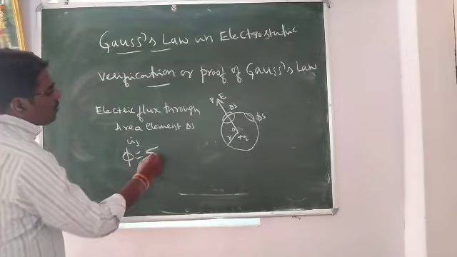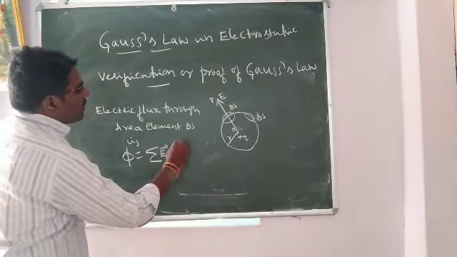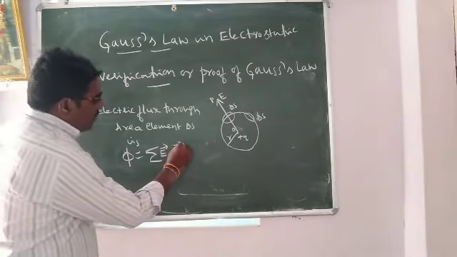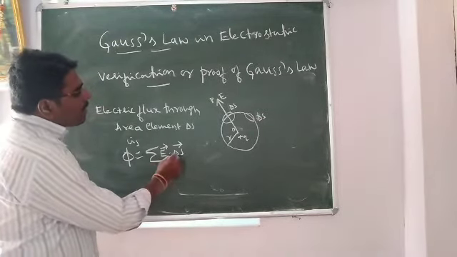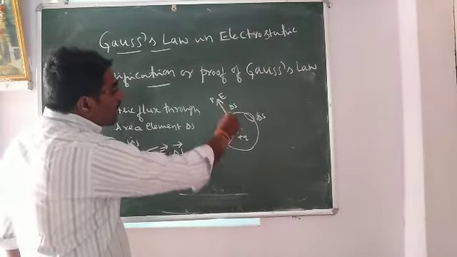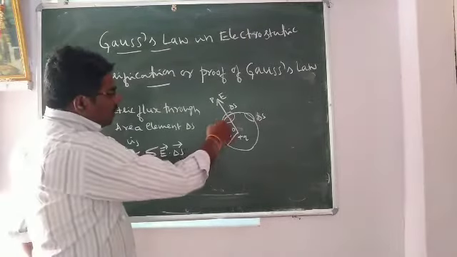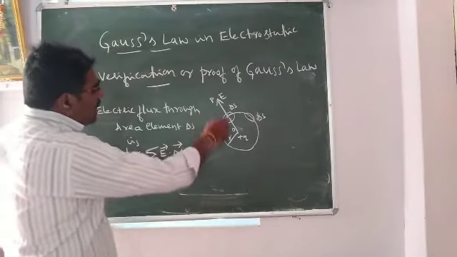Flux phi is equal to the summation of E dot delta S. Delta S is the area vector. The direction of the electric field vector and the area vector are in the same direction. The area vector is always drawn normal to the surface element, and this is the area vector.